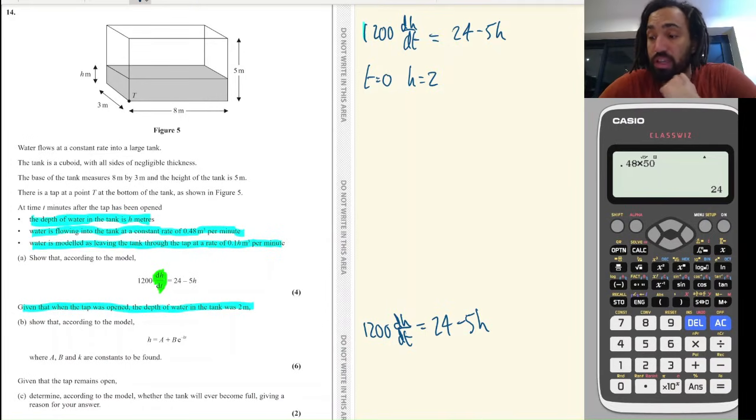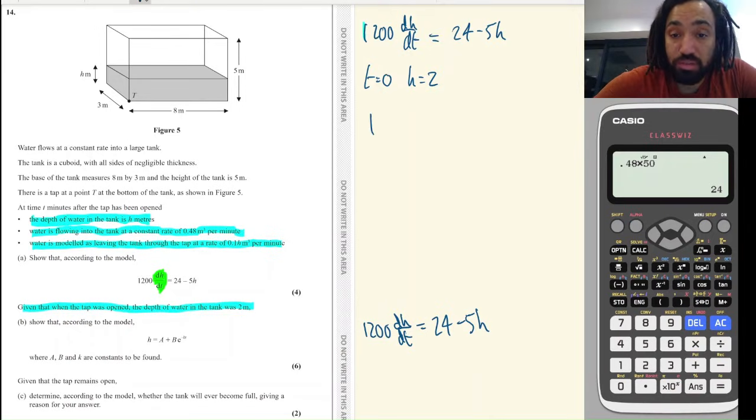Okay, so what we're going to do next is we're going to solve this differential equation, and we're going to do that by multiplying both sides in the first instance by, what are we going to multiply it by? Let's go with dt, so that we have 1200 dh is equal to 24 minus 5h dt.